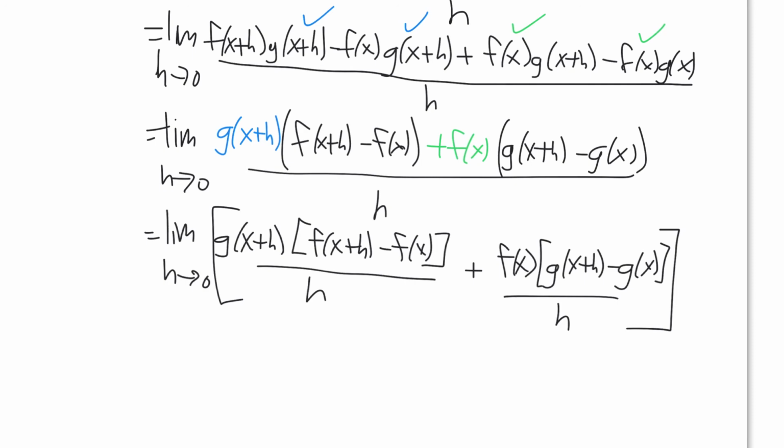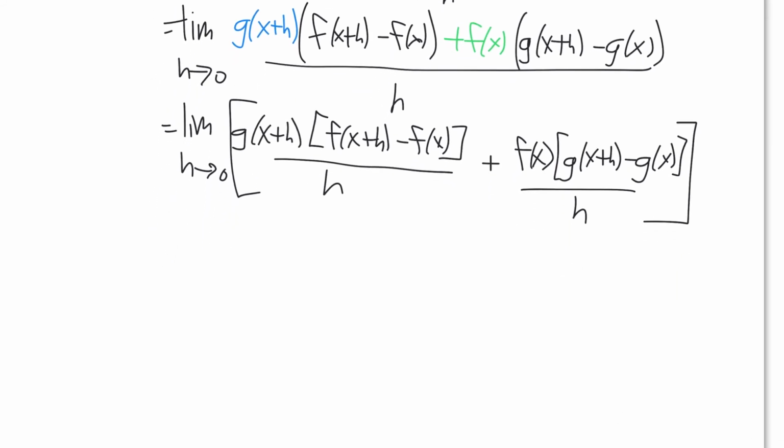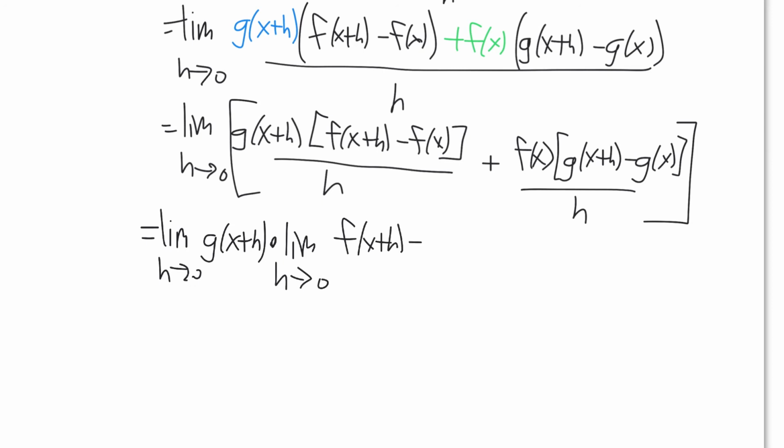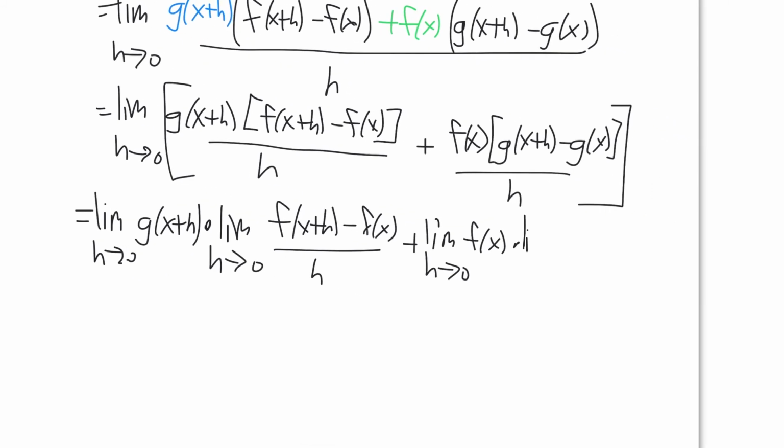If you look here, you could think of this as a g(x + h) times this portion, and here you have an f(x) times this portion. So we're going to use our limit laws to break this up into each one of the individual limits. So we'll have the limit as h approaches 0 of g(x + h) times the limit as h approaches 0 of f(x + h) minus f(x) over h, plus the limit as h approaches 0 of f(x) times the limit as h approaches 0 of g(x + h) minus g(x) over h.